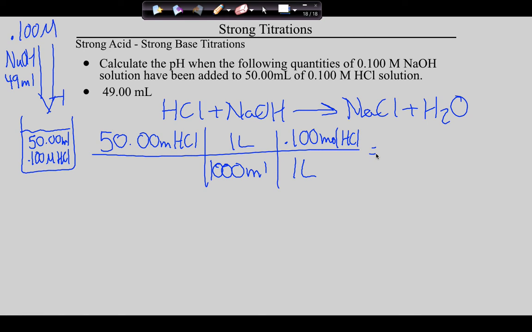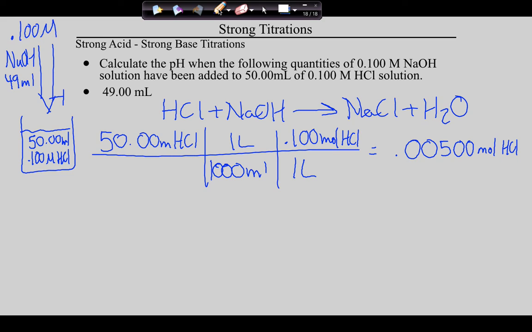So we do the math. So 50 divided by 1,000 times 0.1. I get 0.00500 moles of HCl. Now guys, how many moles of NaOH have we added?